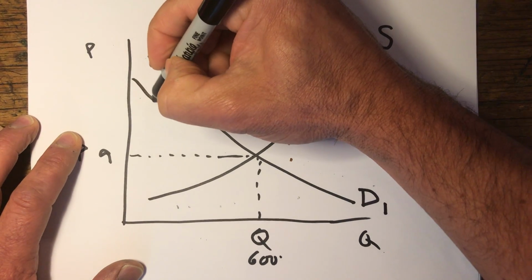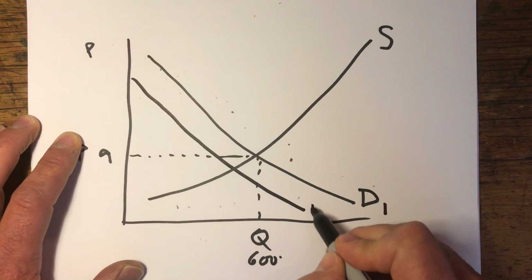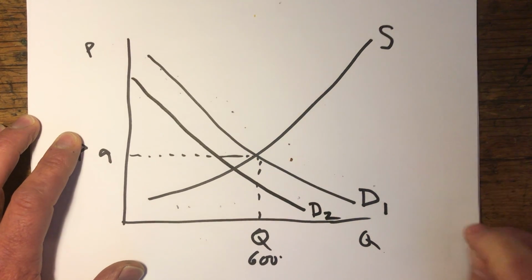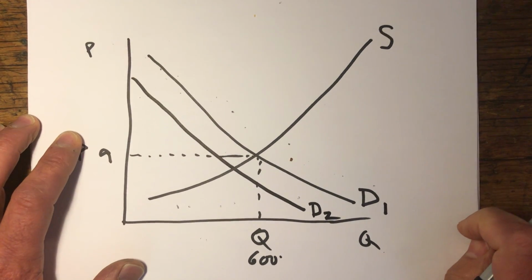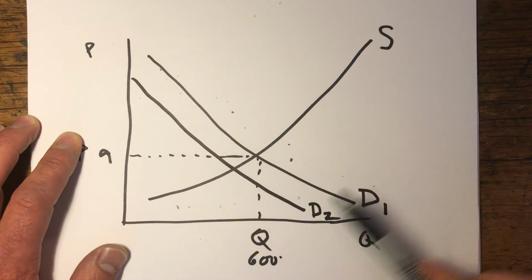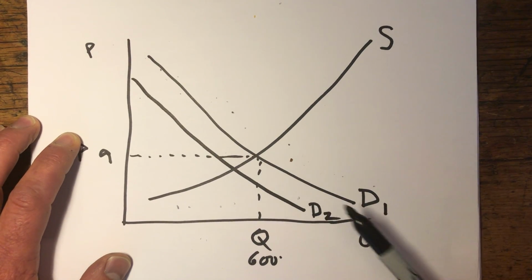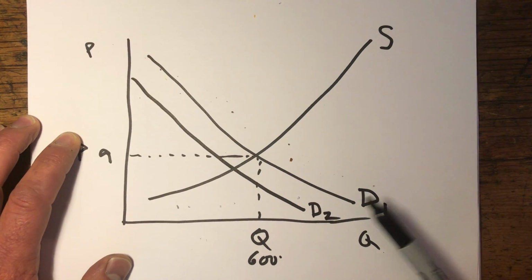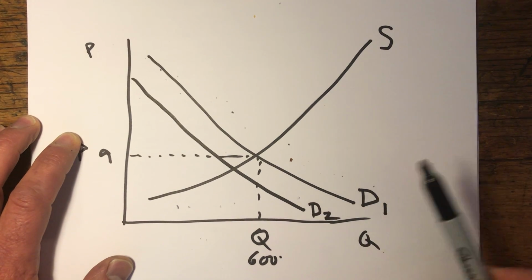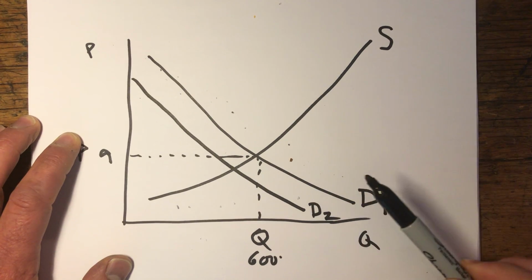So we're going to draw in the second curve like this. And we've got now demand curve 2. So if you ever see a chart with various curves and there are these little subs to them, it basically is indicating that one of them is your reference point and the next one is the one that you're then looking to see what happens. And this is the kind of thing you could have a question on a test about.